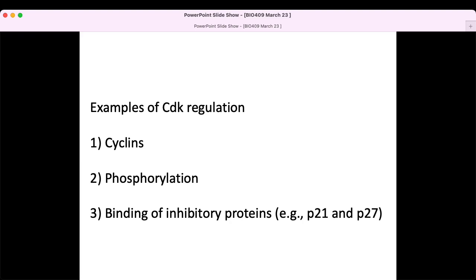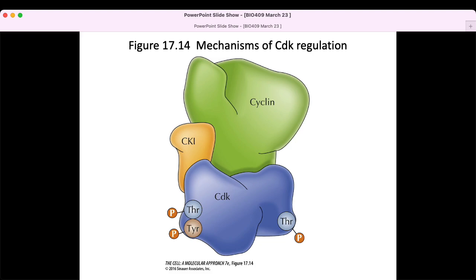So those 3, and they're represented here too, visually. Here's the CDK, the enzyme, that is the light that is red, and when activated, it's green. What is regulating it could be the need for cyclin, could be phosphorylation sites that could activate or repress it, or could be an inhibitory protein. Those 3.